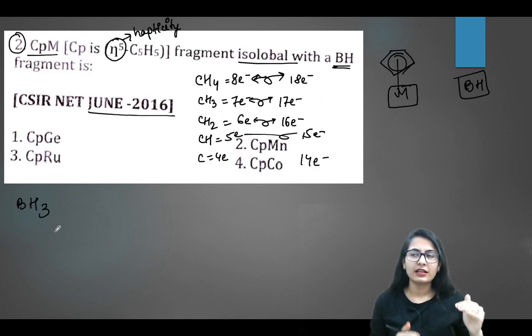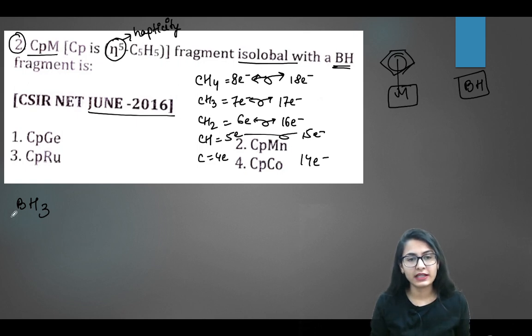When we start with BH3, it still has a sextet of electrons, only 6 electrons, so it corresponds to a species having 16 electrons, not 18, because it is itself electron deficient.